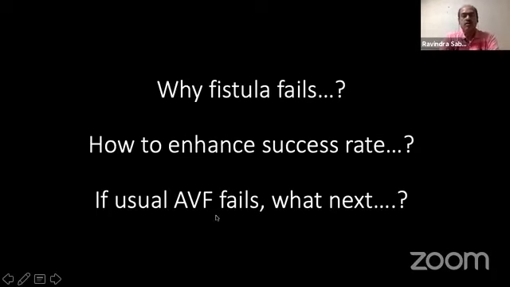Thank you very much. I think Dr. Ajay has very nicely demonstrated how the fistula can be done, how the success can be enhanced, and what the technical things are which have to be observed when you are doing fistula surgery. And as you rightly pointed out, the number of AV fistulas is going to increase, and from the resident's point of view, it is extremely important that they are well trained in this fistula surgery.